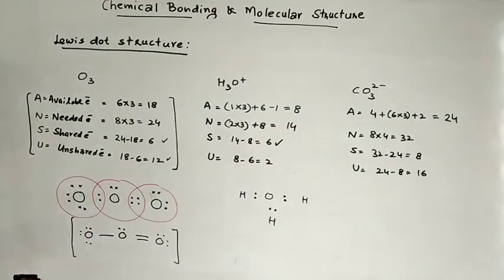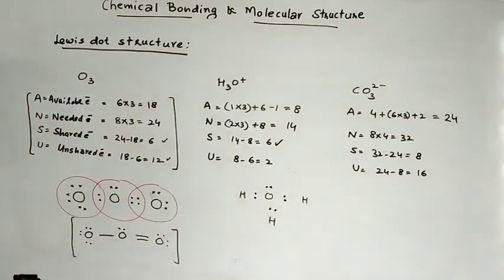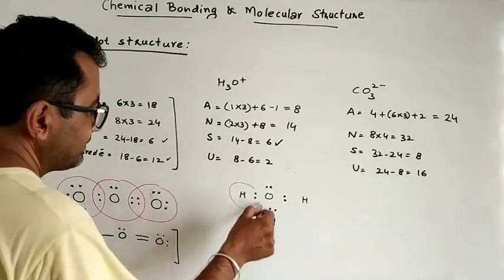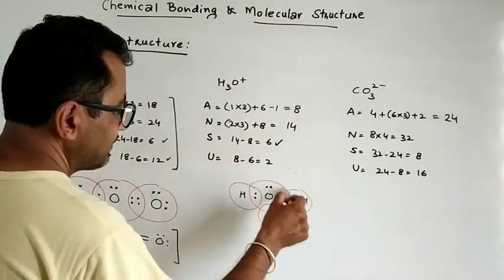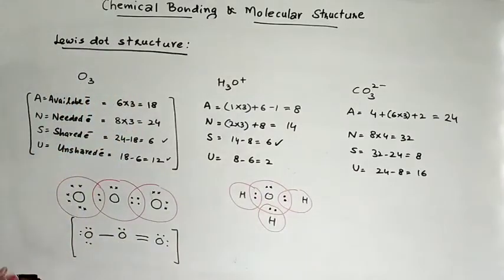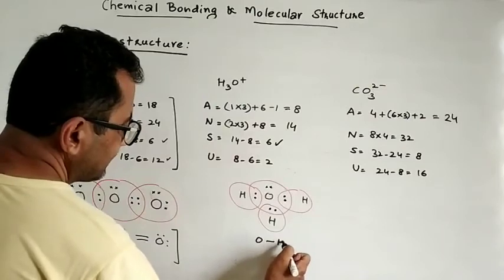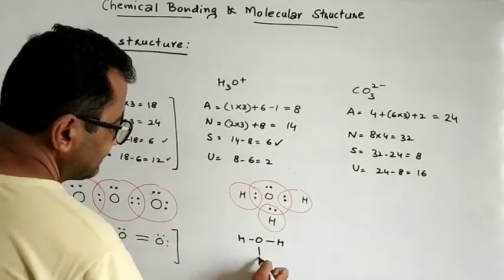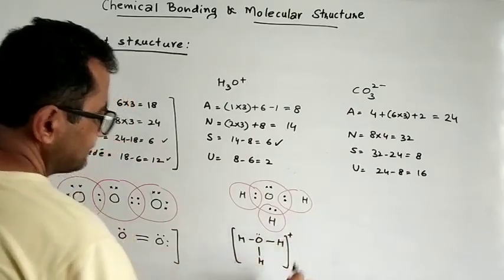Now see in this structure, the central oxygen has 8 electrons. Only this oxygen gets 1 unshared pair; unshared is 2 only in this. So now see, the hydrogens have a duplet and the oxygen got an octet. So its structure is: you can write oxygen, hydrogen, hydrogen, hydrogen, with a dot pair and a positive charge.